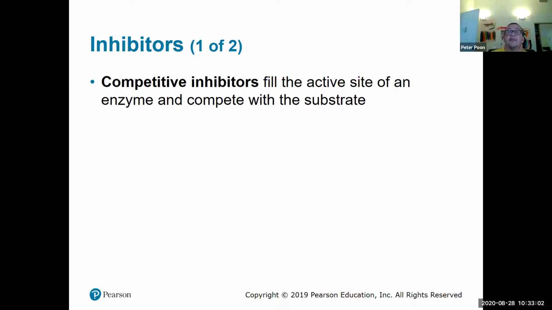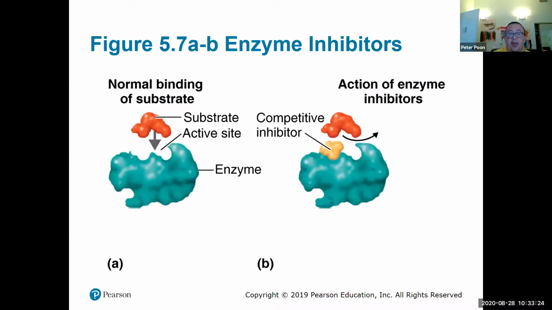Inhibitors. There are two types of inhibitors of enzymes. One is called a competitive inhibitor, and one is called a non-competitive inhibitor. Make sure you understand the differences between the two. So this is a competitive inhibitor.